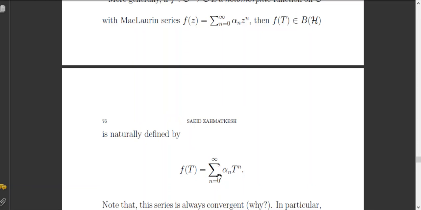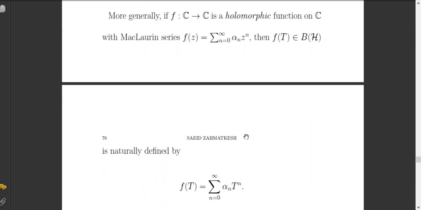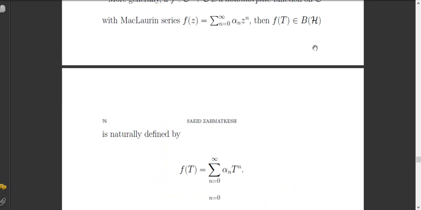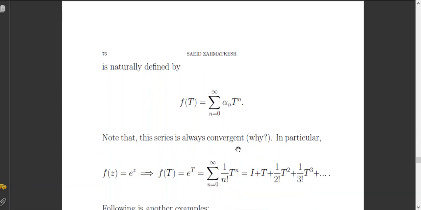So the sequence of partial sums of this series is a sequence in B of H, okay? And that sequence is convergent, convergent in B of H, because it's a complete space. It converges to an element of B of H, which is an operator, and defined to be f of T. But of course, you may wonder why this series is convergent.